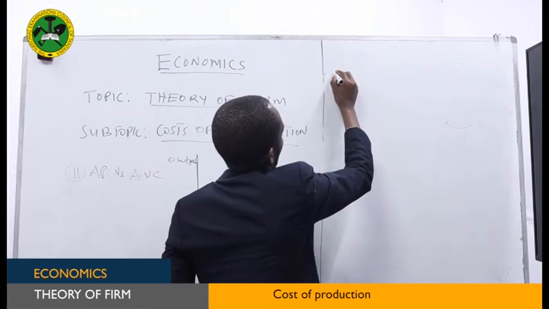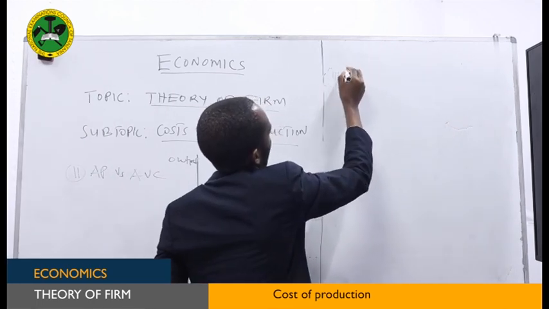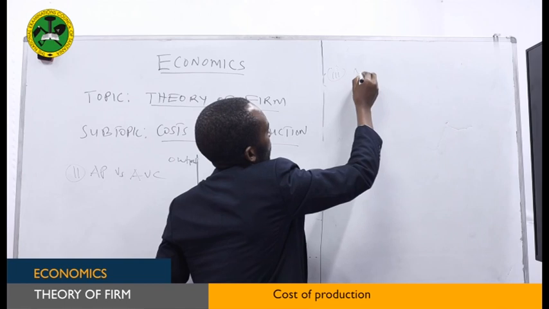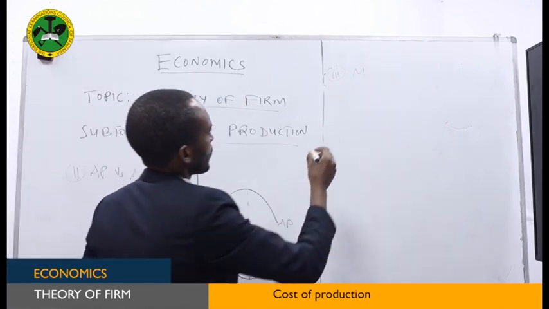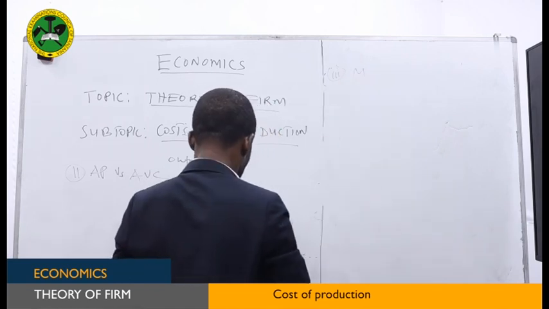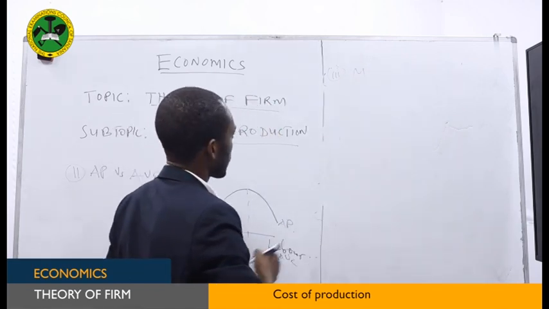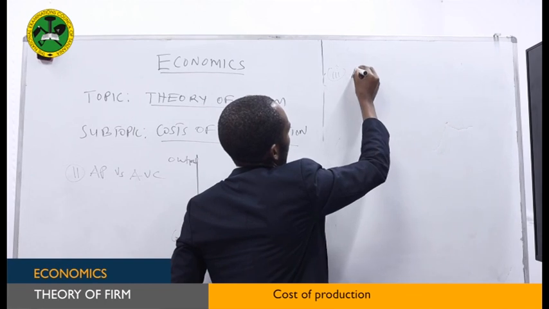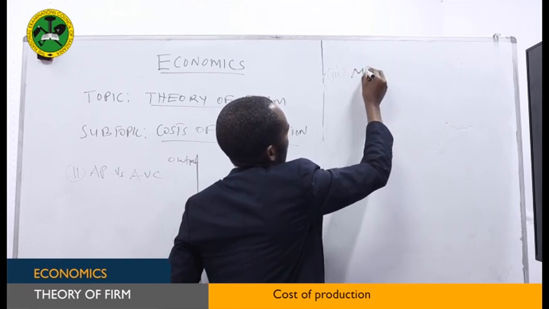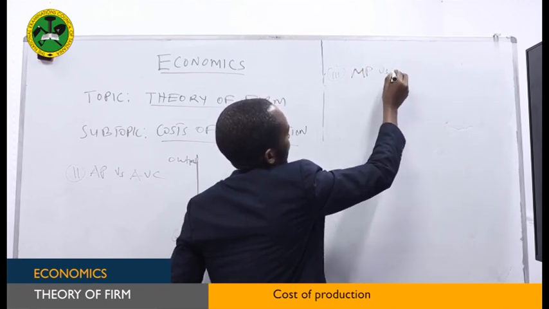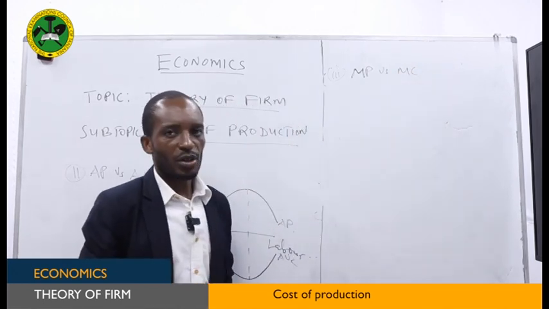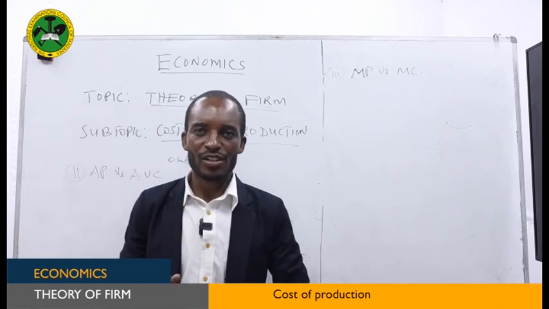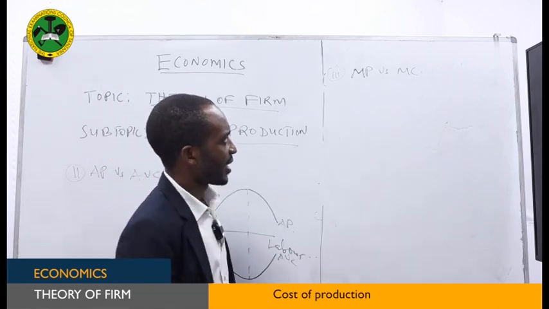Then the third case is the marginal product versus marginal cost. So let us see the relationship between the marginal product and the marginal cost.